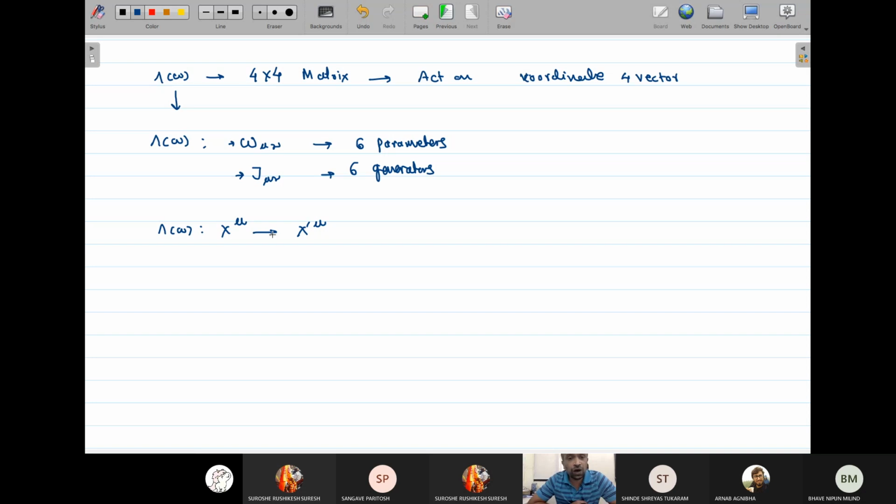But I don't know how it acts on, for example, the Klein-Gordon wave function phi. I don't know how lambda omega acts, or how it acts on a Dirac spinor, which is a 4 component object.